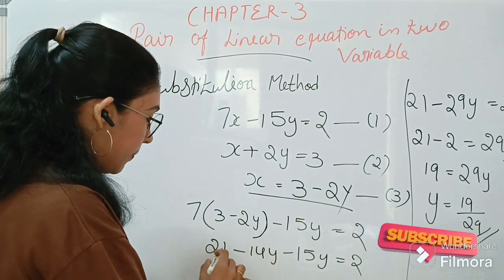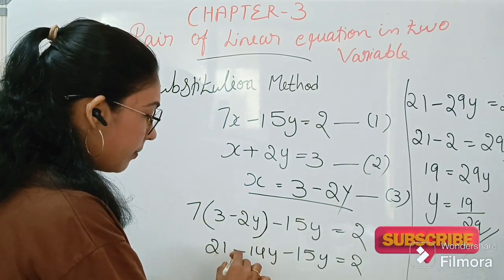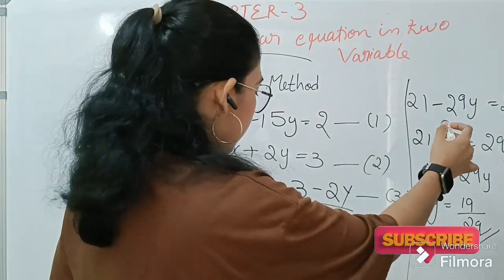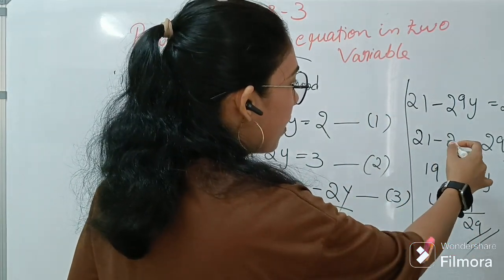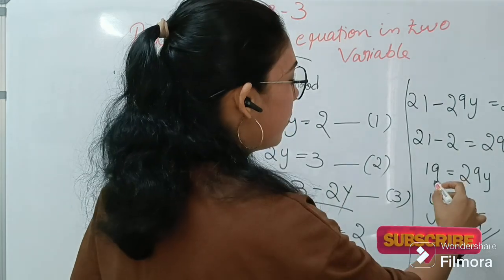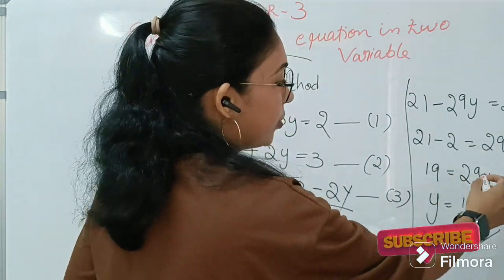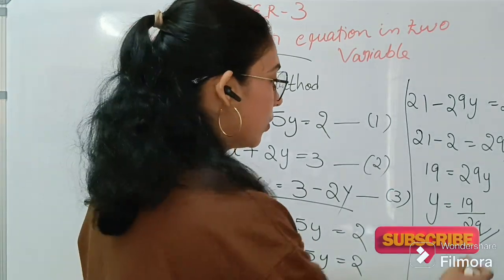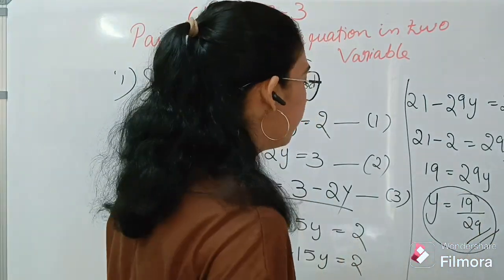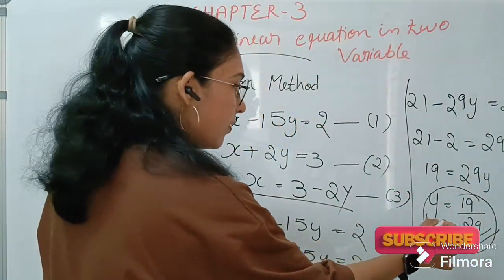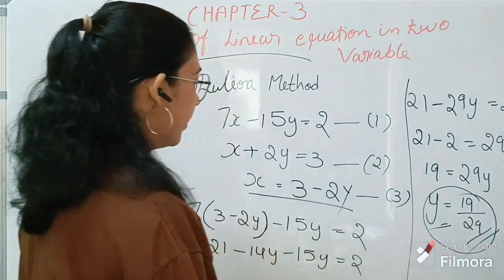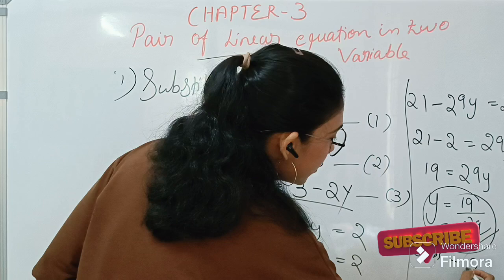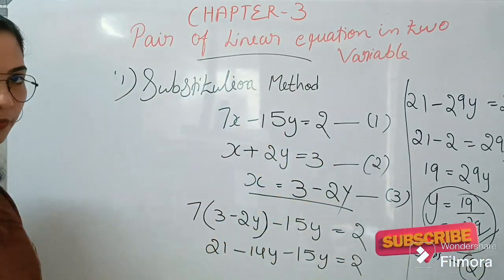Then by multiplication 21 minus 14y minus 15y is equal to 2. Then on transpose we get 21 minus 2 is equal to 29y. Then 19 is equal to 29y. Then y is equal to 19 by 29. So this is value of y, and by substituting this value in equation 2, we get value for x.